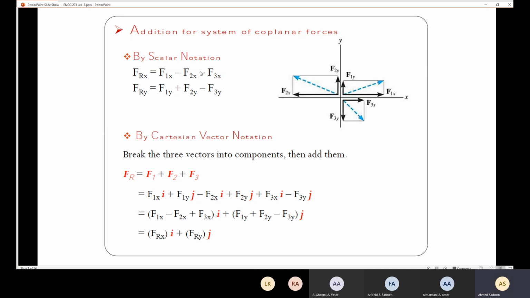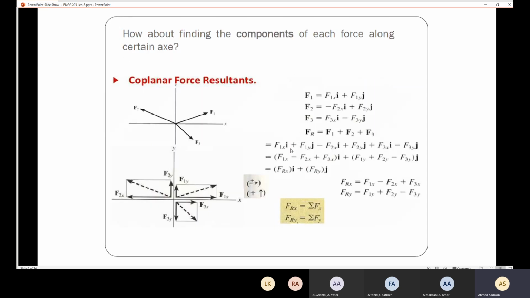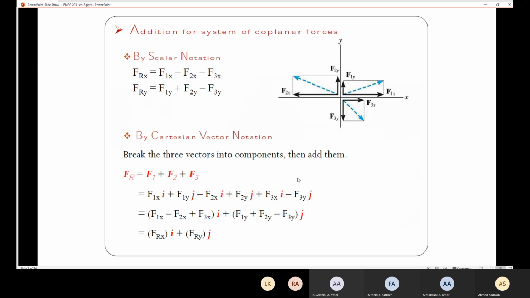Here I think he's made a mistake. This one should be positive because F3x is positive. So I think this one is the mistake here. And the same thing could be represented by Cartesian vector notation, like we just explained here. So you could write the components by using the scalar notation or by Cartesian vector notation.